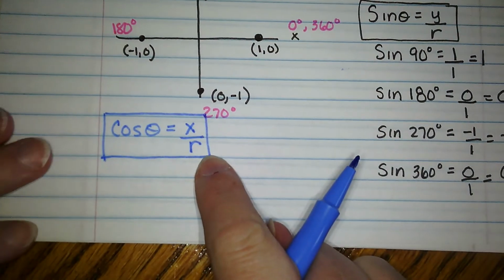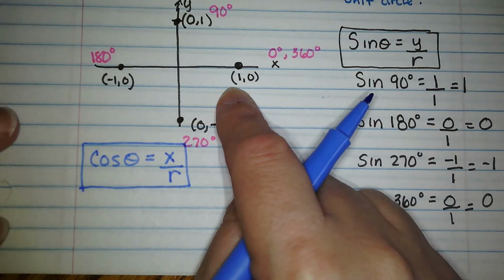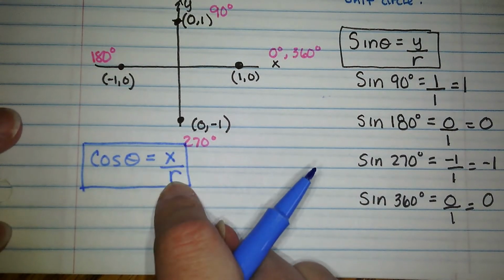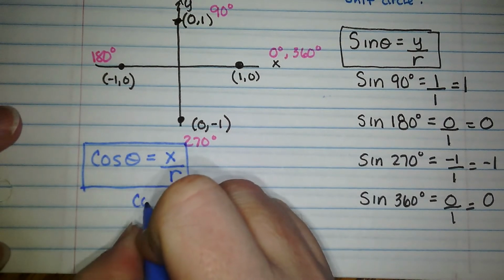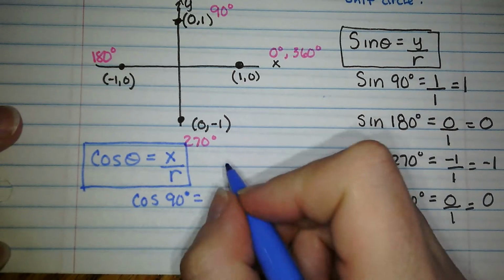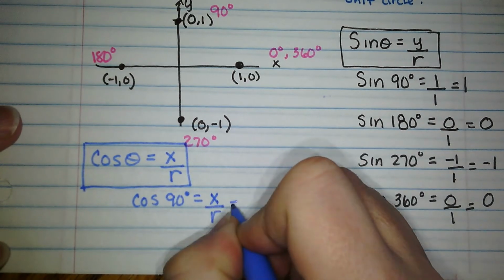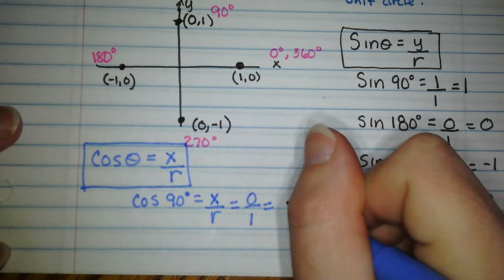Because my radius is 1, I'm literally looking for my x coordinates here. So cosine is x over 1, which makes it just x. So the cosine of 90 is x over r, which is 0 over 1, which is 0.